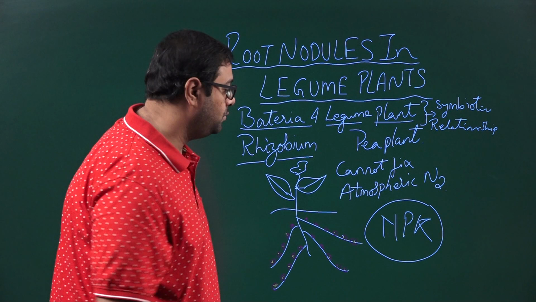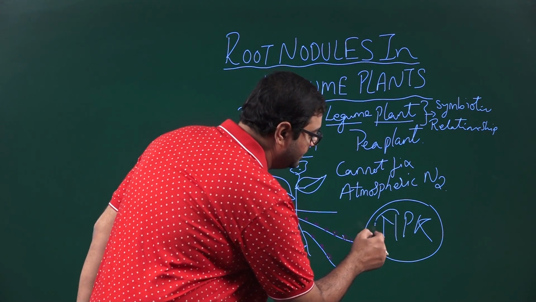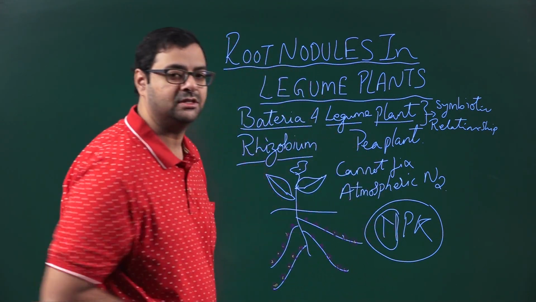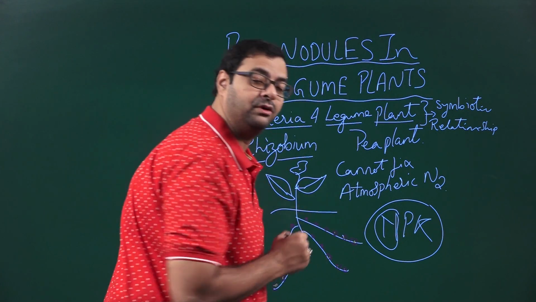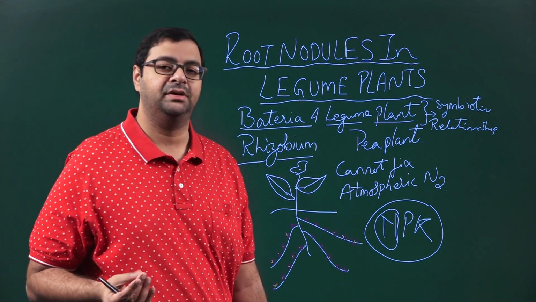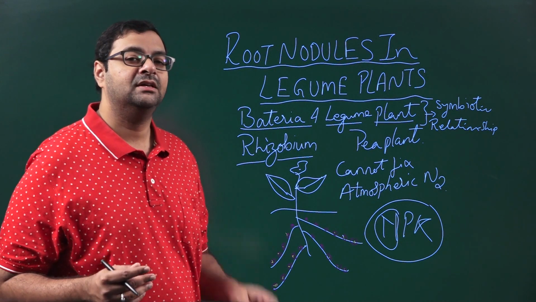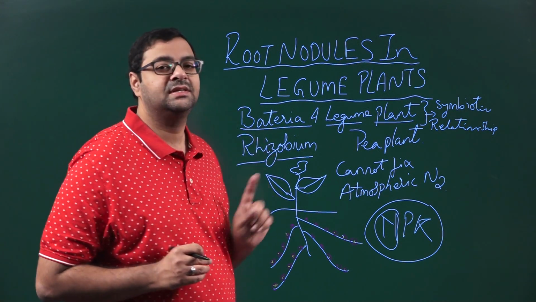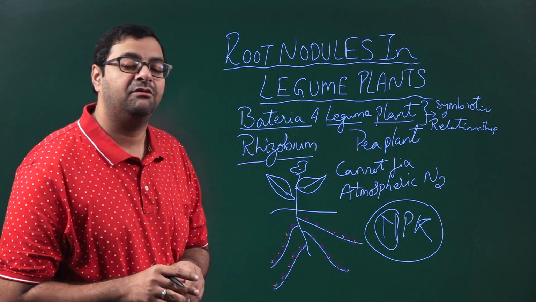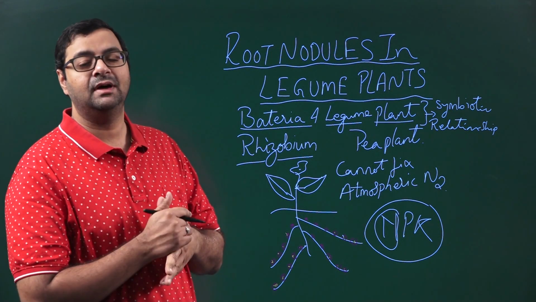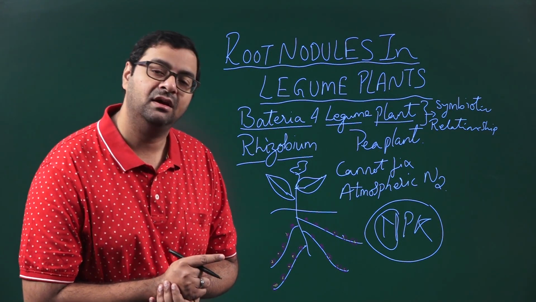Nitrogen is anyway taken care of by the leguminous plant, but phosphorus and potassium have to be substituted by using some chemical fertilizers. So farmers use this symbiotic relationship to their advantage to improve the production of their crops.